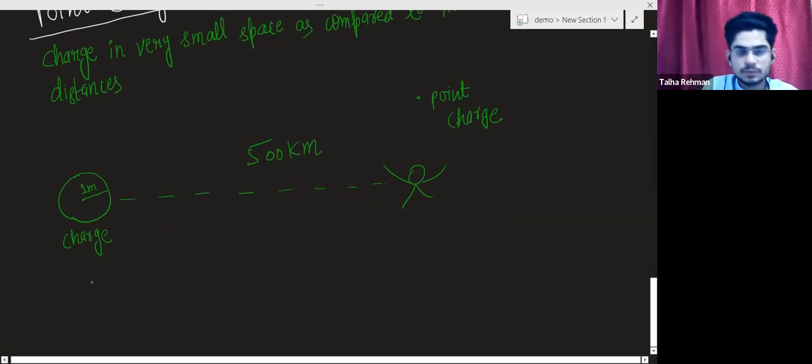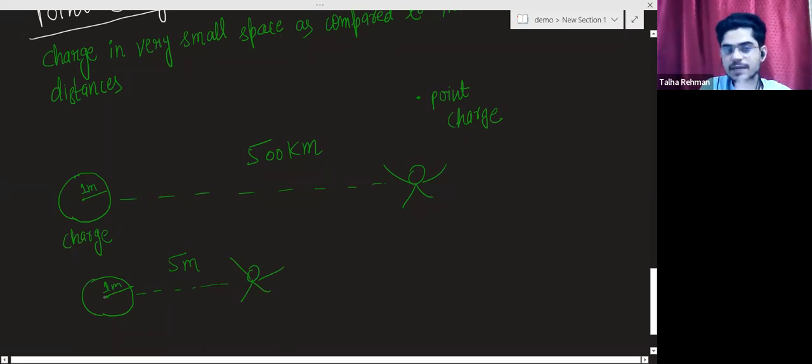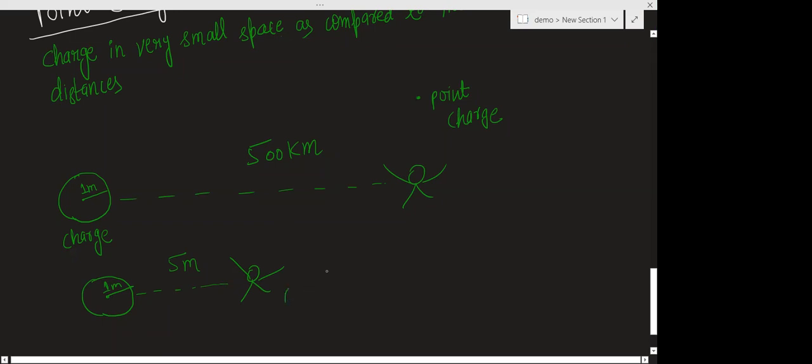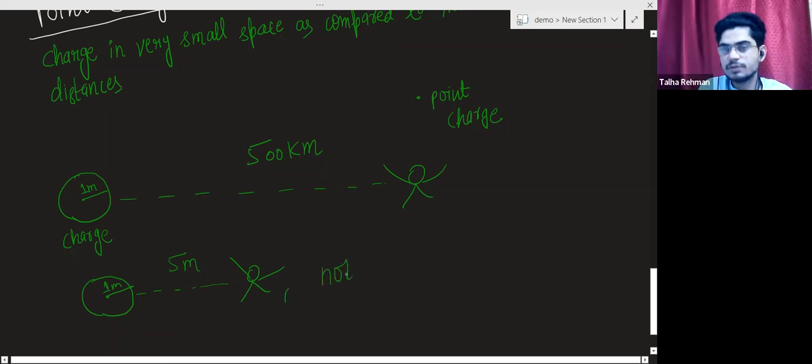Now again, I am taking this charge and radius is 1 meter, and I am now at 5 meters here. This is me or someone else looking at this charge. In this case, can you say this is a point charge? No, sir. So it's all about the distance.